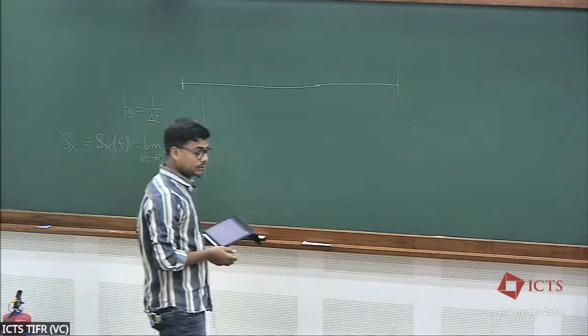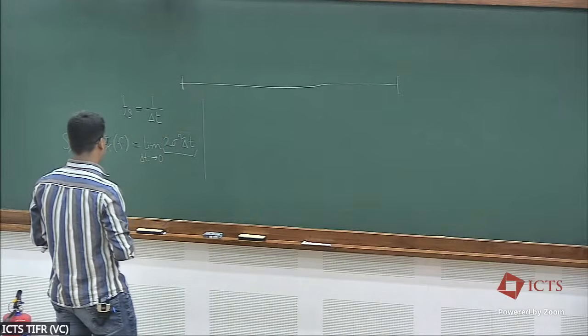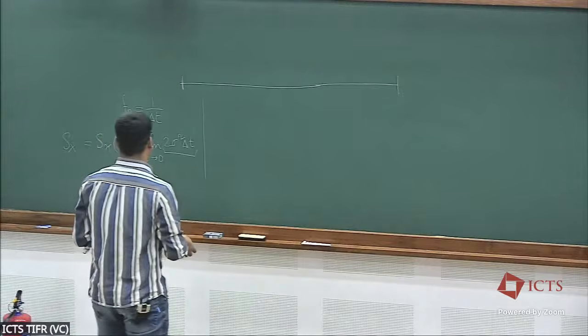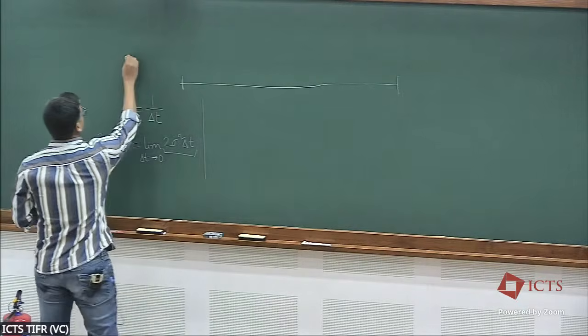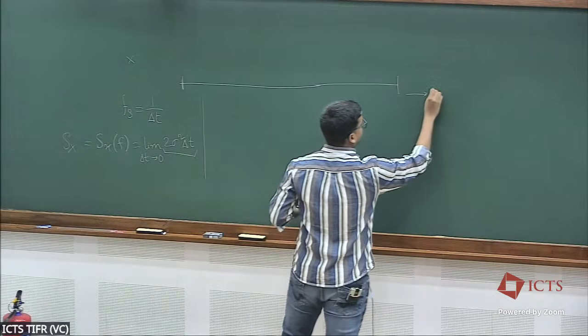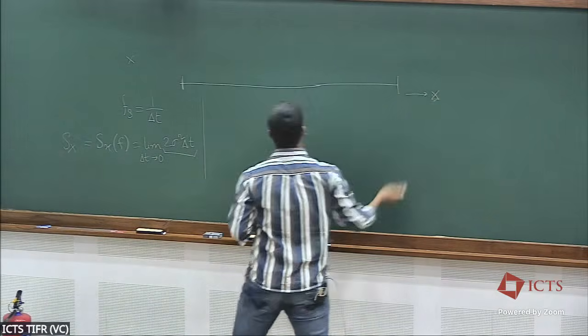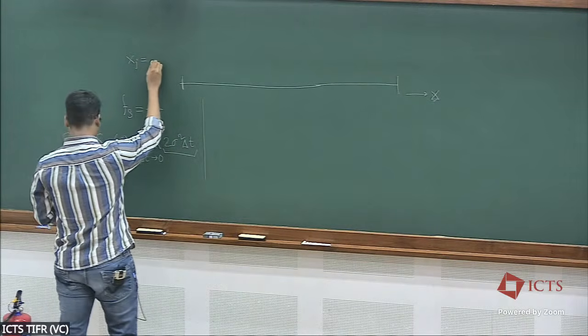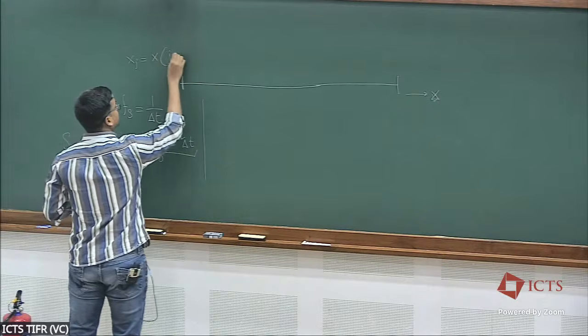Is that delta T or delta F? It's delta T. So let X be our random variable, and we have observations only at xj's given by j delta t.